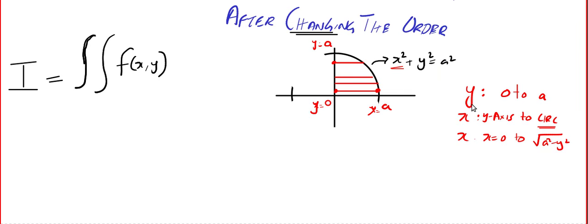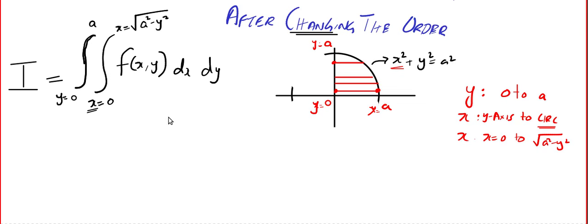Now your job is to plug in the new limits, and when you plug in the new limits, always remember the outer limit will be constant limit and the inner limit will be variable limit, or at least one of them will contain variable. And when you write, you have to write dx and dy because the inner limit belongs to x. That's it. This process is called changing the order.